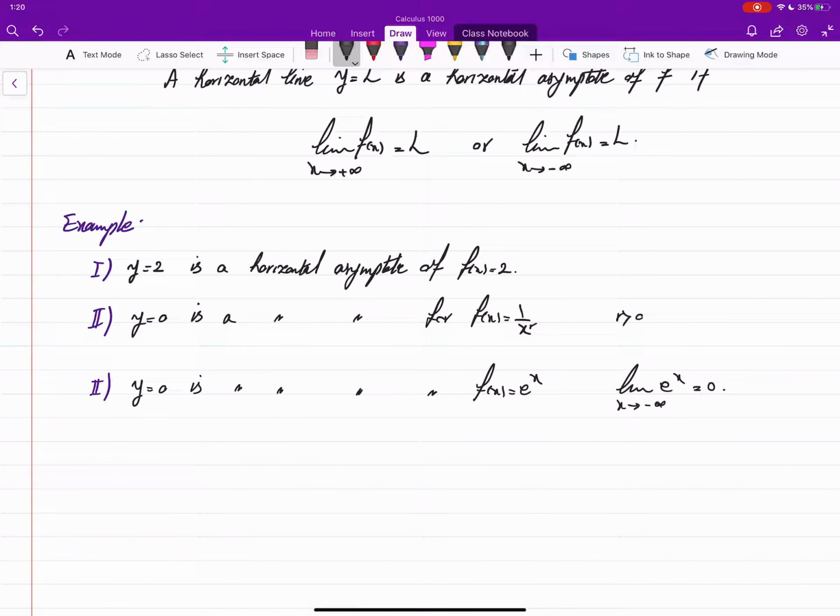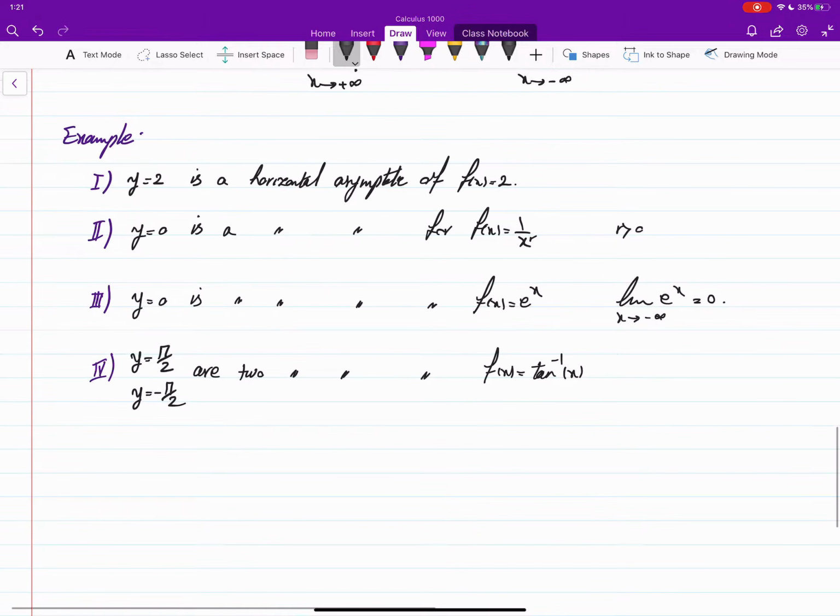And the last example was an interesting one: the function tan inverse actually has two horizontal asymptotes. y equals plus pi over 2 and y equals negative pi over 2 are two horizontal asymptotes of tan inverse.